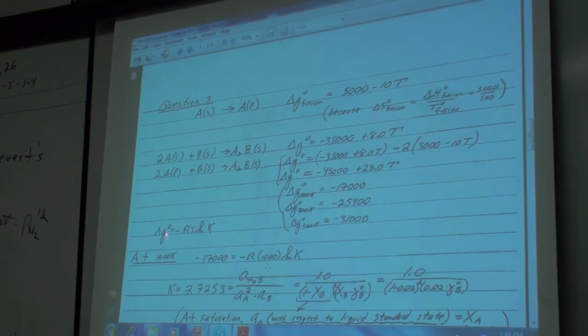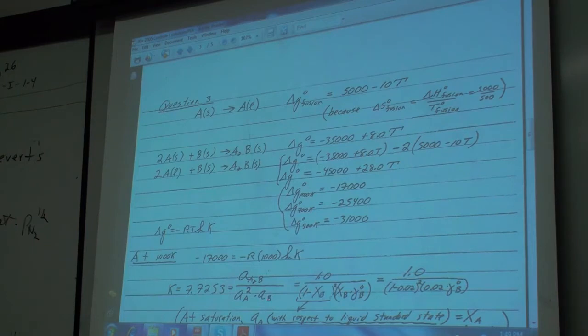And this delta G naught is minus RT log K for this reaction. Okay, so at 1,000 degrees, you've got minus 17,000 is minus RT log K. K then is 7.53, the ratio of the activity of this with respect to the solid standard state, the activity of A with respect to the liquid standard state squared, and the activity of B with respect to the solid standard state.